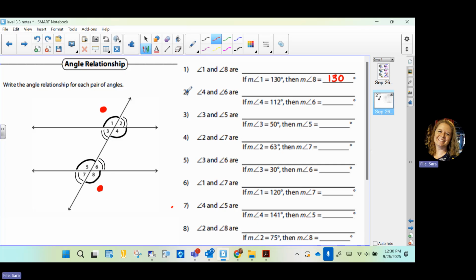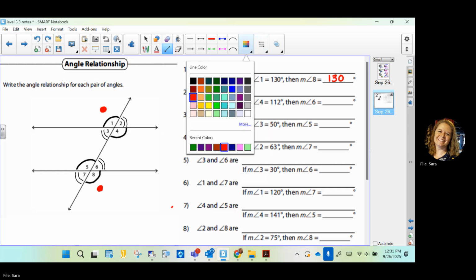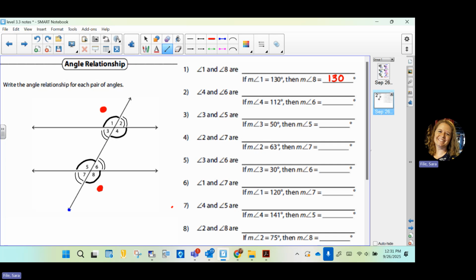Remember, the transversal is here. So when we say alternate or same side, we're talking about that transversal. So are those on the same side of that transversal or opposite sides? They're on opposite sides of the transversal, so that's alternate.